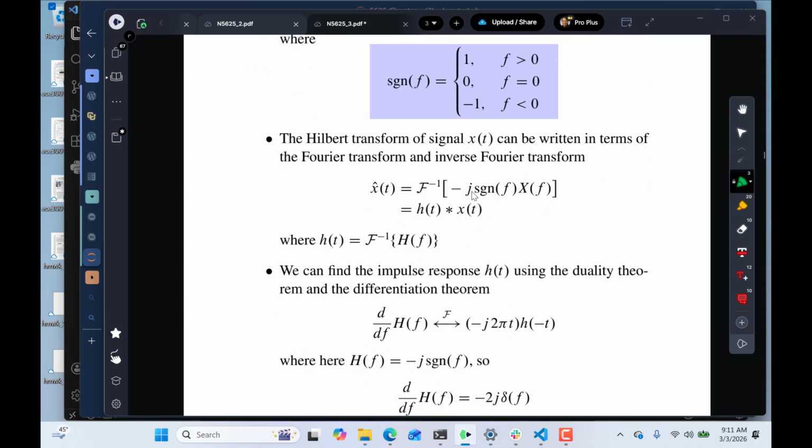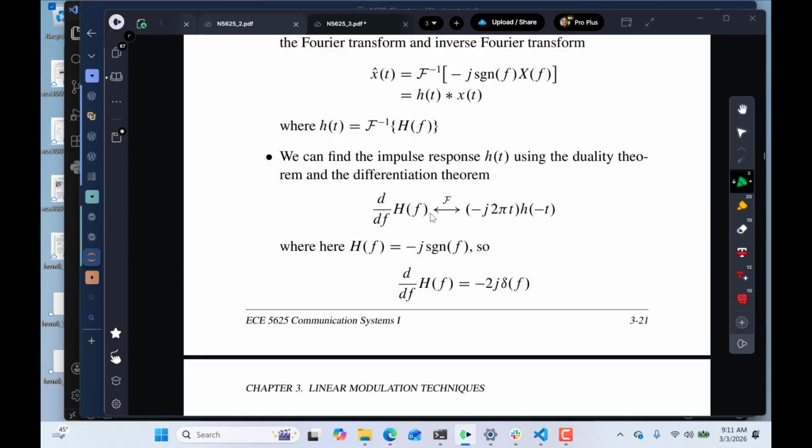So if we call that the Fourier transform of the Hilbert transform and view it as a convolution with an impulse response, we can actually go backwards by inverse transforming this frequency response and establish that in the time domain.